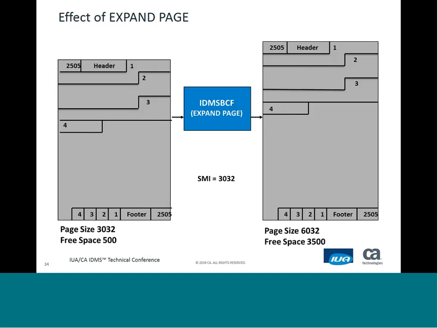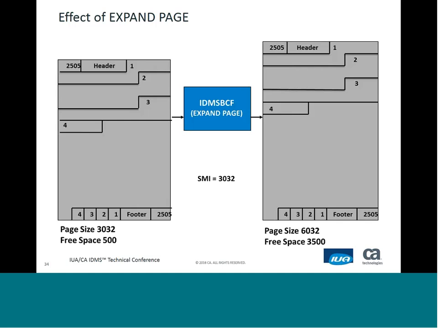So here we're looking at a page and we're saying we've got 500 bytes of space. So from the end of record 4 down to the first line index at the bottom is 500 bytes of free space. So now we want to go through and expand this particular page, and we're going to increase the page size to 6,032.